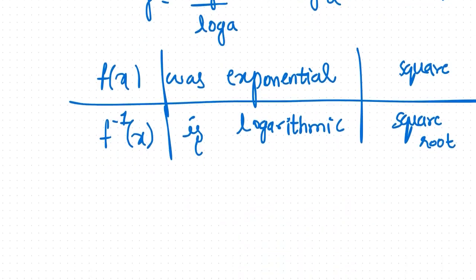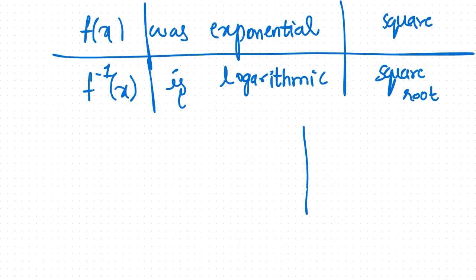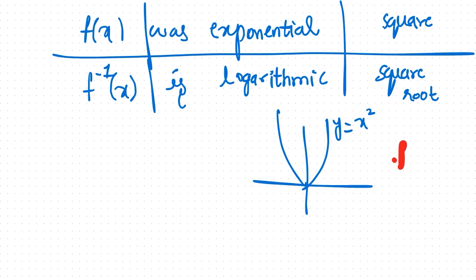One thing we need to keep in mind: let's say the quadratic is y equal to x square. What will be the inverse? This one would just be the square root, so y is equal to root x. f inverse of x is equal to root x.